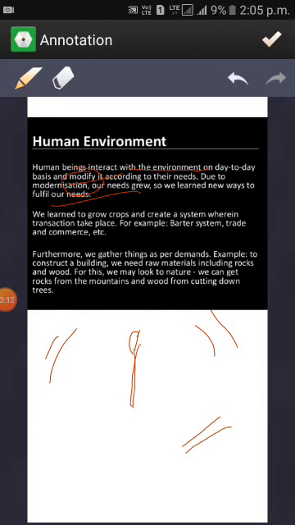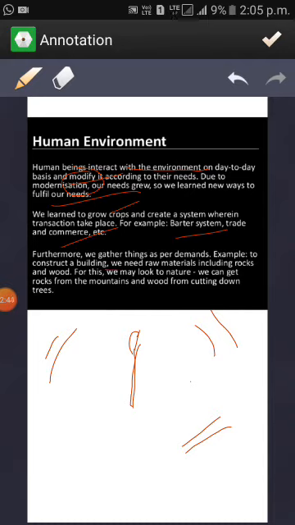So while interacting with the environment, it modifies the environment. We learn to grow crops and create a system wherein transaction takes place, for example barter system, trade and commerce. All these activities of man involve modification of the environment.